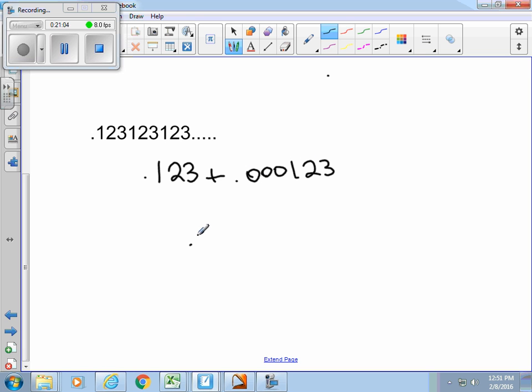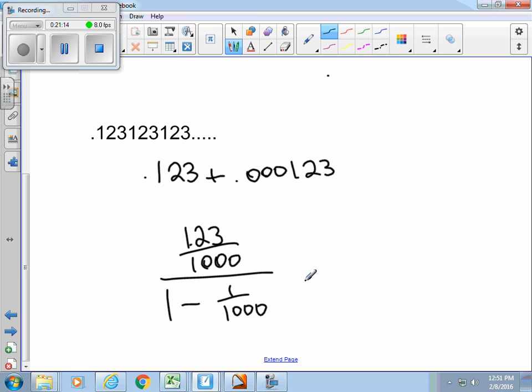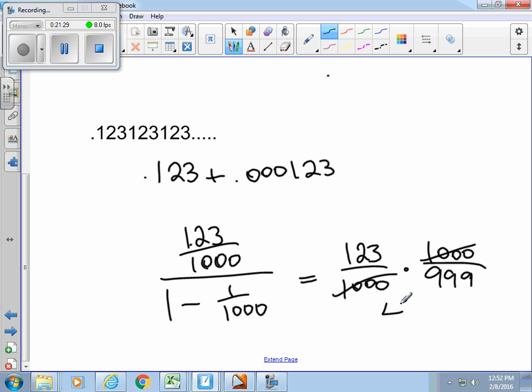Thousandths, so it would be 0.123 or 123 1,000ths divided by 1 minus 1 1,000th, right? Which is 123 1,000ths times 1,000 over 999. Is that right? 41 over 333. So 41 over 333.